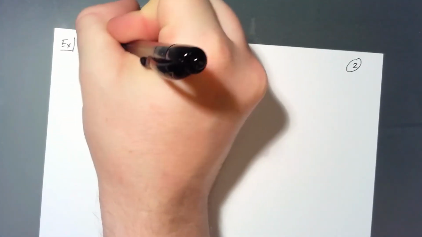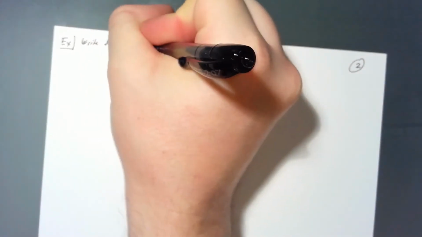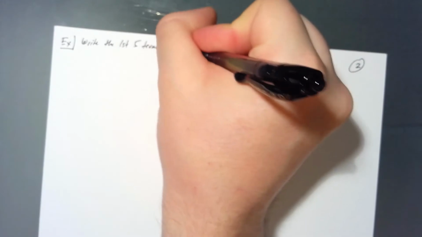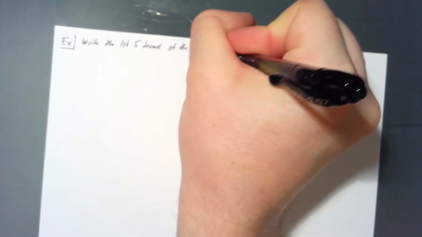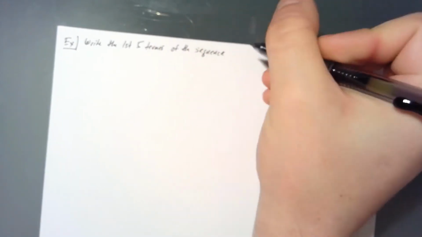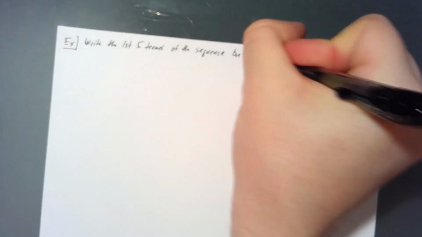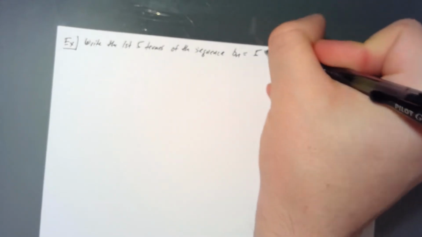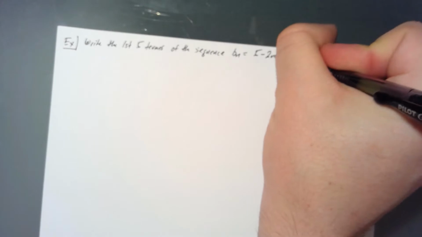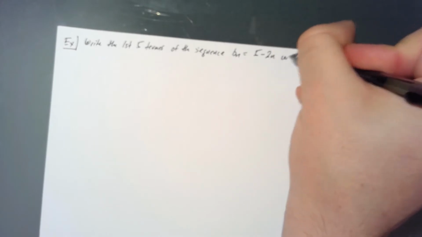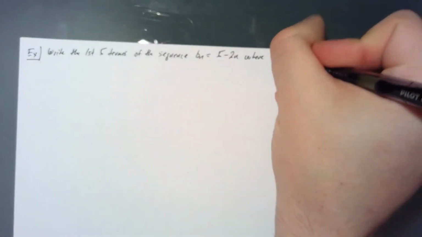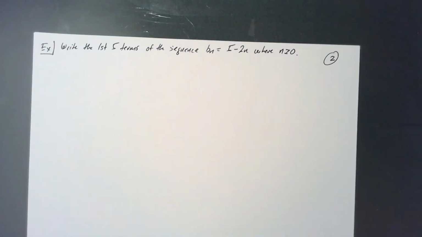Write the first 5 terms of the sequence b sub n equals 5 minus 2n, where n is greater than or equal to 0.